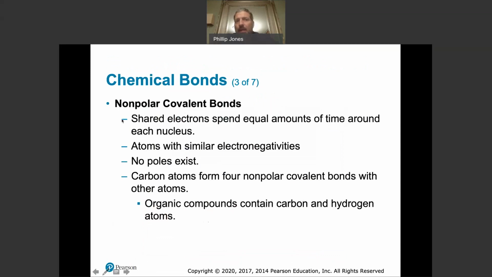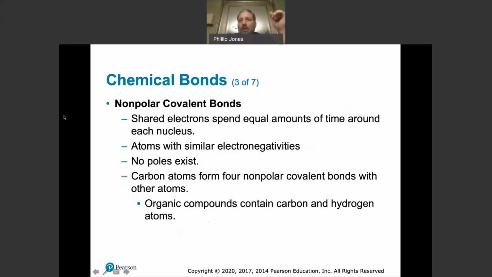So, nonpolar. When you think of polar, start thinking of the poles, positive and negative. If something is polar, it generally means one side of it has a little bit more polar energy. It's polarized in one way, either positive or negative, so it's slightly skewed one way or the other.